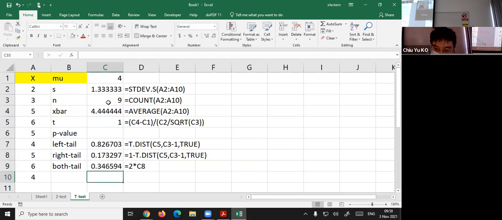If t is less than 0, then you multiply 2 by the left tail. So that would be the idea. Is that okay? You can do this by hand. It's nothing new here, nothing deep. This is a rather simple case. Any question?